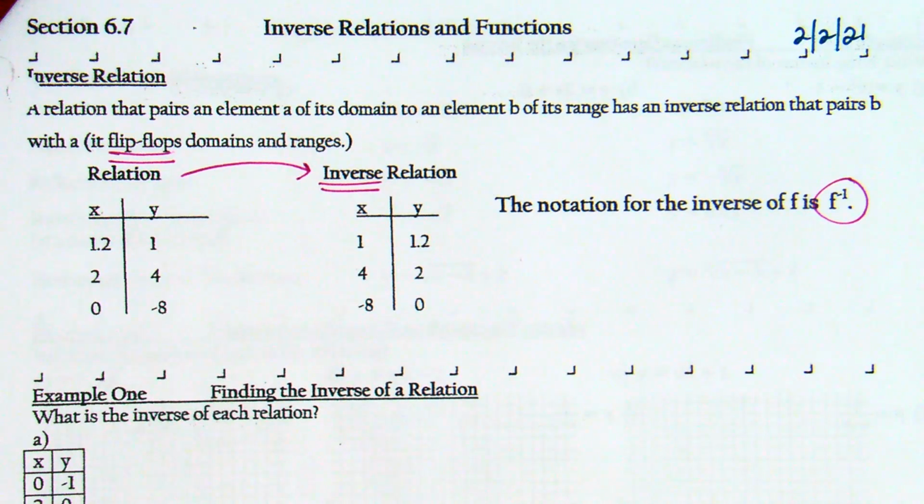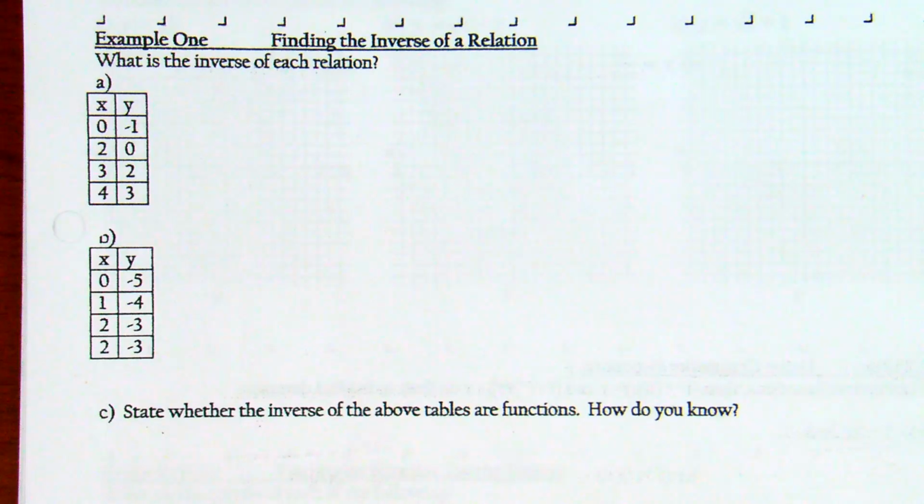So let's look at example 1 here. And this is very basic. Don't make it any more difficult than what it is. We're going to start with asking the question of what is the inverse? So if the given function or relation is (0, -1), (2, 0), (3, 2), and (4, 3), what is the inverse?